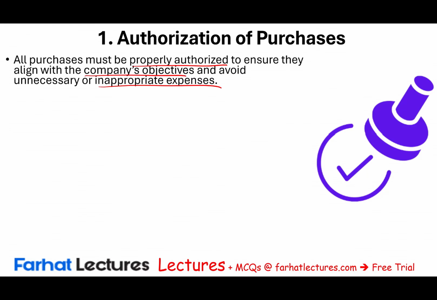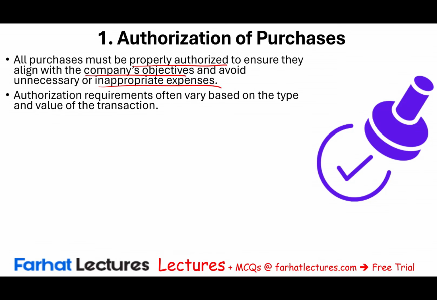When you see fraud in the local paper, most of the time it's a vendor fraud where someone at the company keeps submitting bills and the company keeps paying those bills. Those are inappropriate expenses. So we want to make sure that whatever we're buying is, first, properly authorized. We don't make a payment unless we see a record of that proper authorization, unless we have a receiving report. Then we make the payment.